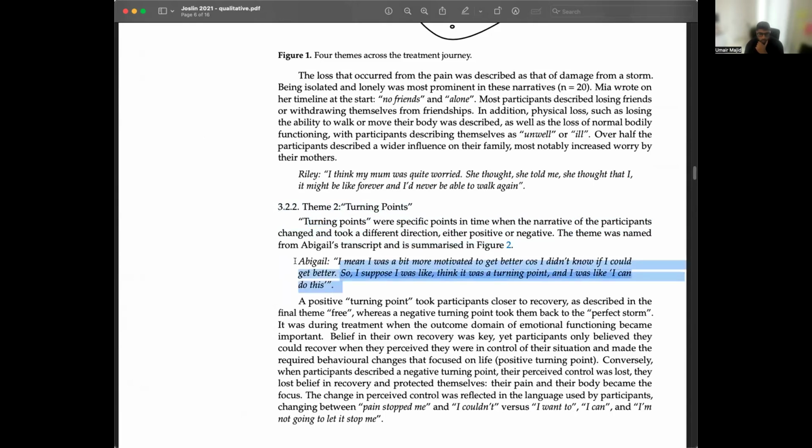And then there'll be quotes, and these are quotes from participants. The purpose of these quotes is to add nuance and rigor to the study, right? Anybody can say a patient said this, this, and this, right?